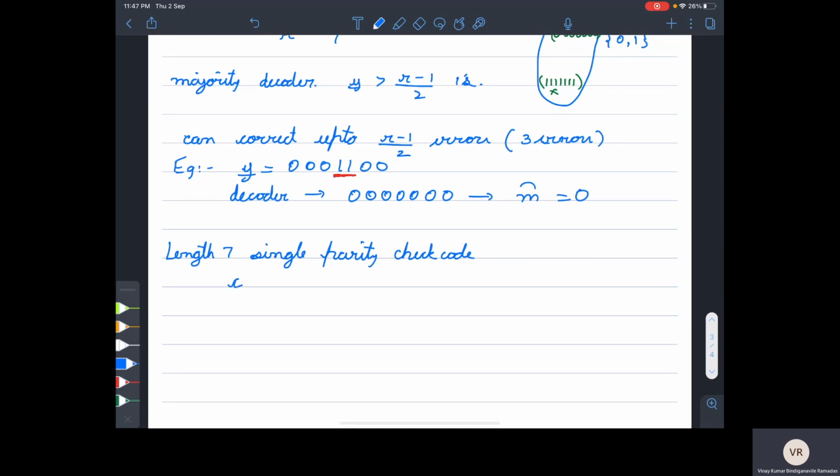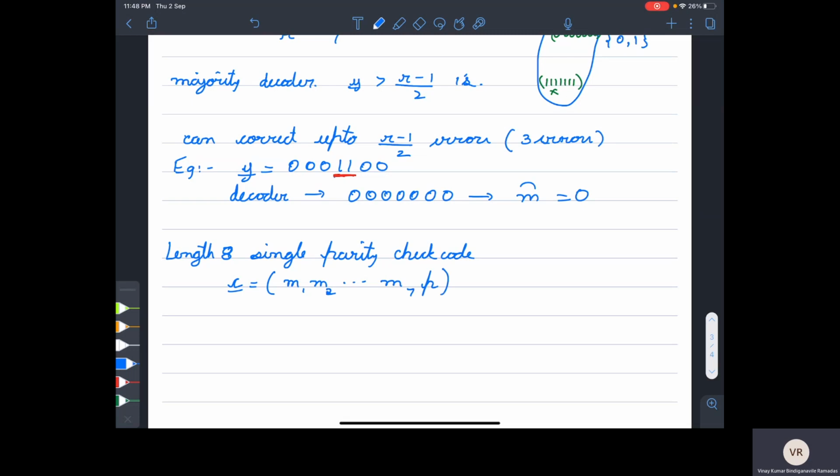So here your code word is the message, say m1, m2, up to m7, length 8 in total, along with a parity bit p.